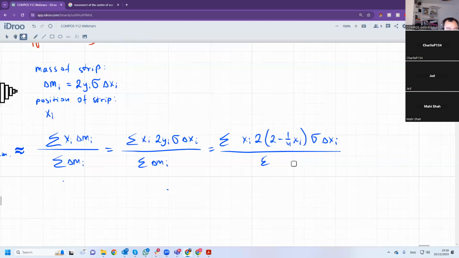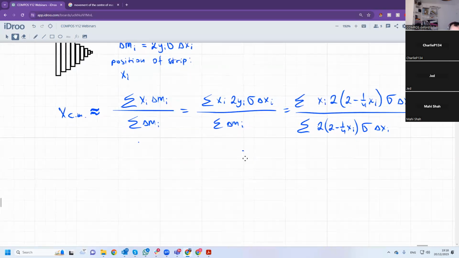I need to substitute that as well. It's going to be the sum of 2y, which is 2 times (2 minus a quarter xi), sigma delta xi. Now this looks scary, but of course we have a trick up our sleeve.